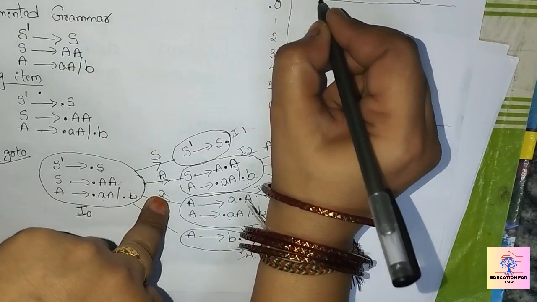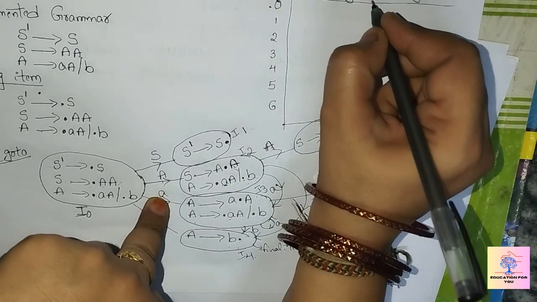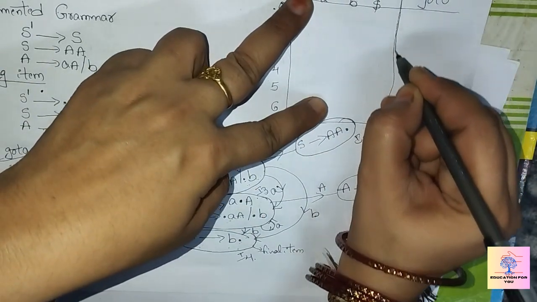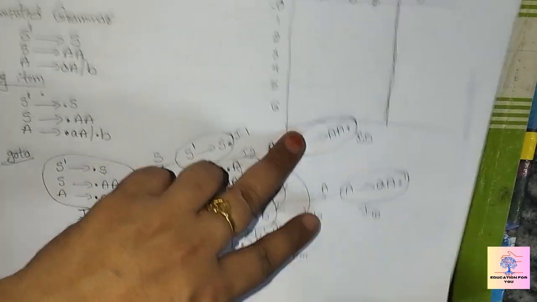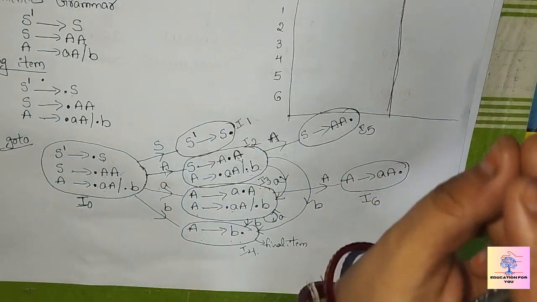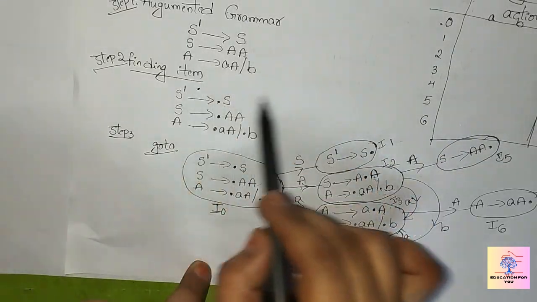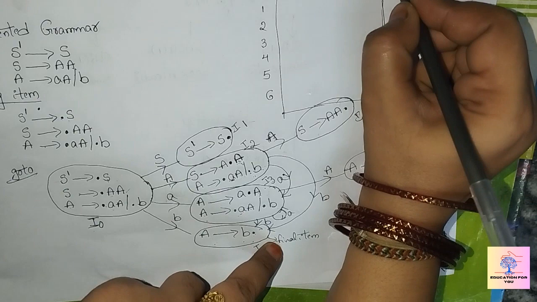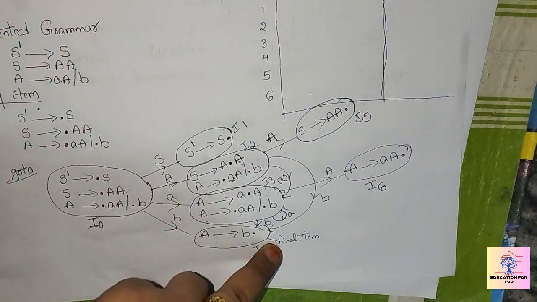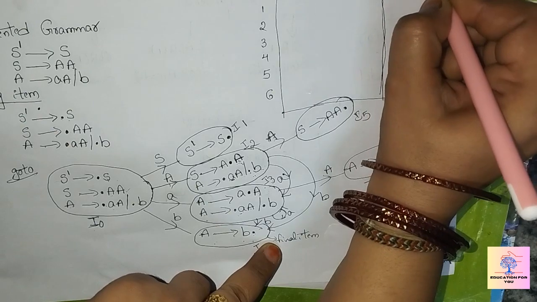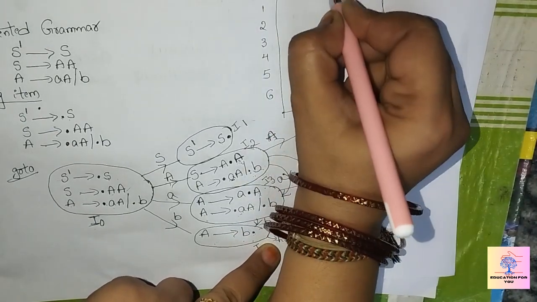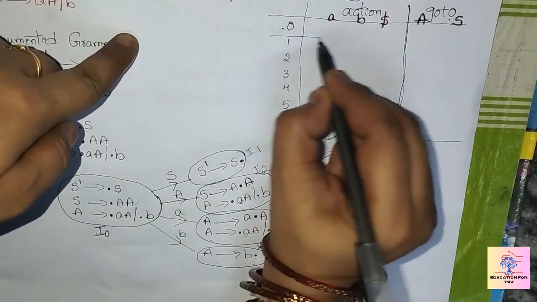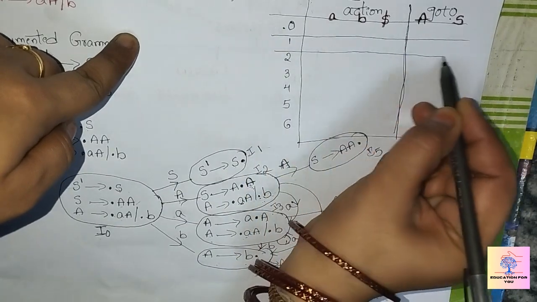Let us take those as small a, small b, and at last you have to take dollar. Now in goto, non-terminals will come. What are the non-terminals in this grammar? S and A. What are the terminals? Small a, small b and dollar here. Okay, so now we have to fill this parsing table cells.